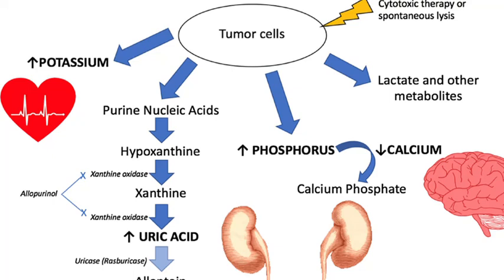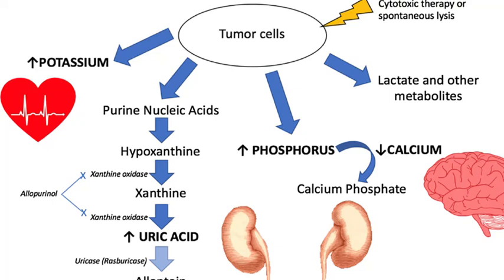Allantoin is 5 to 10 times more soluble than uric acid and therefore far less likely to precipitate in the kidneys. Exactly. That's why rasburicase is so effective in reducing the risk of uric acid crystal formation in the kidneys, which can lead to acute kidney injury.